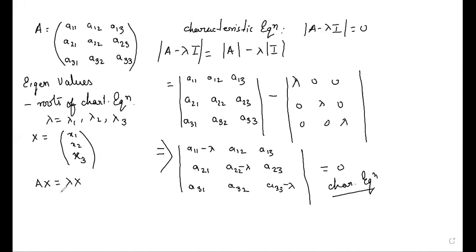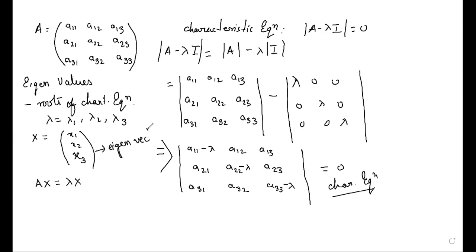You can see that corresponding to each distinct eigenvalue, there will be a distinct eigenvector. So we will put lambda over here and get the values of x. While finding the eigenvalues, you can observe that corresponding to each eigenvalue there will be a distinct eigenvector. This x, whichever is coming over here, is known as the eigenvector.